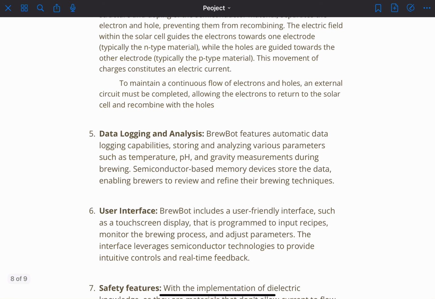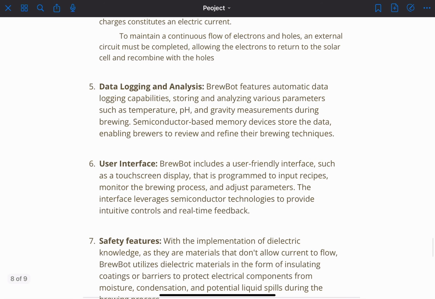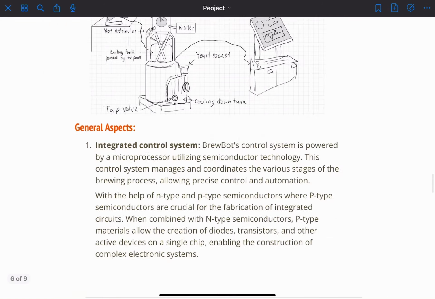Next aspect, data logging and analysis. BrewBot features automatic data logging capabilities, storing and analyzing various parameters such as temperature, acidity, and gravity measurements. And next aspect is the user interface. BrewBot includes a user-friendly interface such as a touchscreen display, as shown in the production line, right?